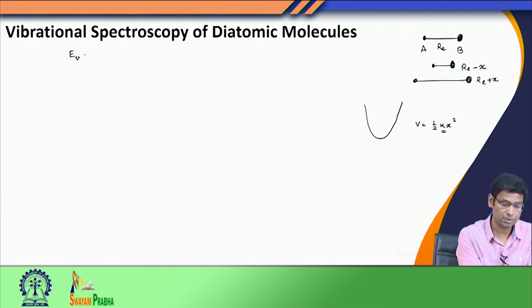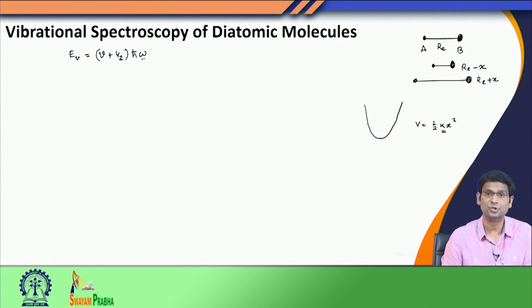One thing we know is that the energy level of a harmonic oscillator is given by (v plus half) h bar omega, where omega is the vibrational frequency associated with this particular vibration, in this case a stretching frequency, and v goes from 0 to large numbers: 0, 1, 2 and so on.